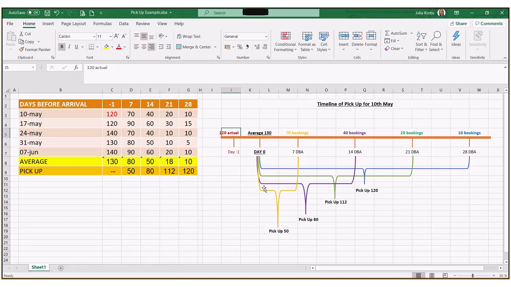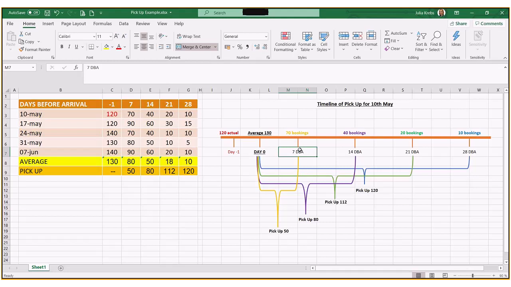We did not manage to pick up all the bookings that we wanted along all these weeks. Where exactly that could have happened is something we need to find out with our segmentation. It could have happened 28 days before arrival, in the last 3 weeks, last 2 weeks, or last 7 days. I have a feeling that in this particular hotel, without knowing anything more, most of what we did not manage to pick up was in the last 7 days.